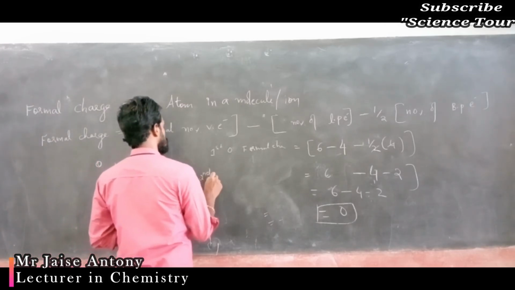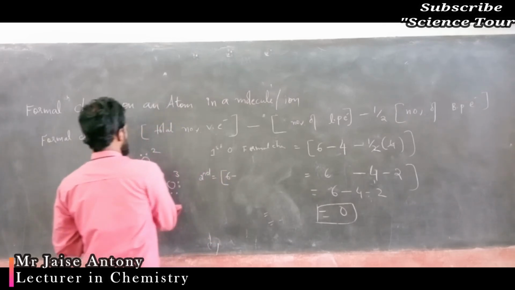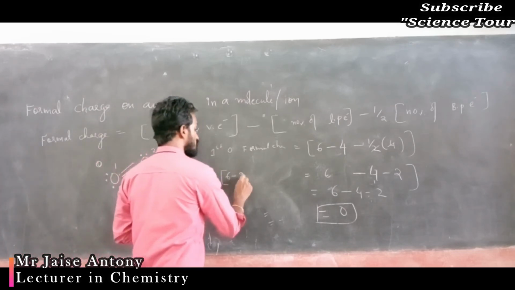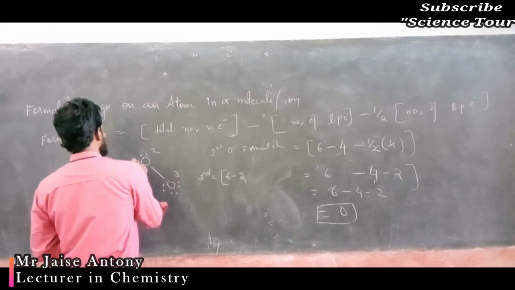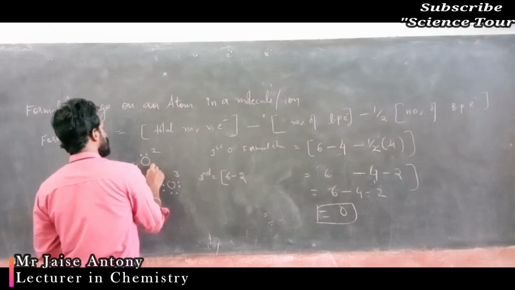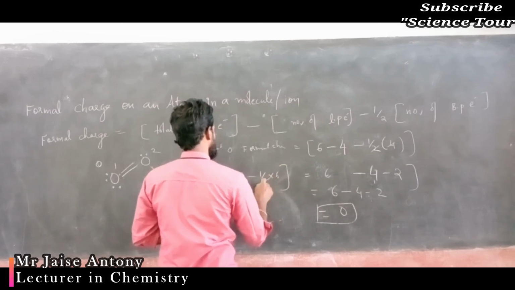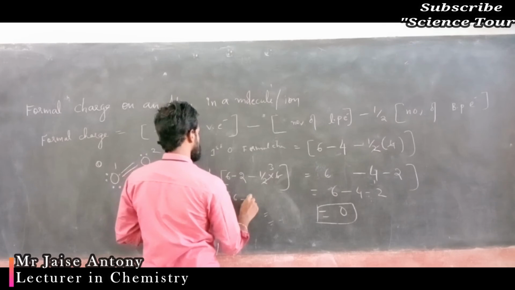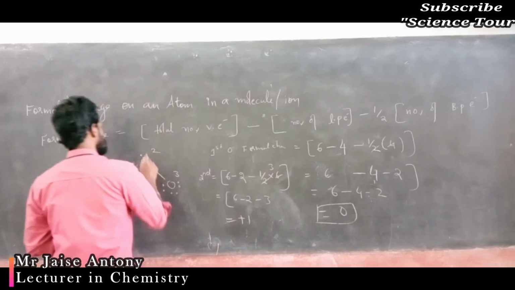So charge on first oxygen is 0. And second oxygen, my dear students, is 6 minus number of lone pair of electrons, 2 electrons, understood, and bond pair electrons, 6, half of it is 3. It becomes 6 minus 2 minus 3, 4 minus 3 is plus 1. So this oxygen is actually plus 1.